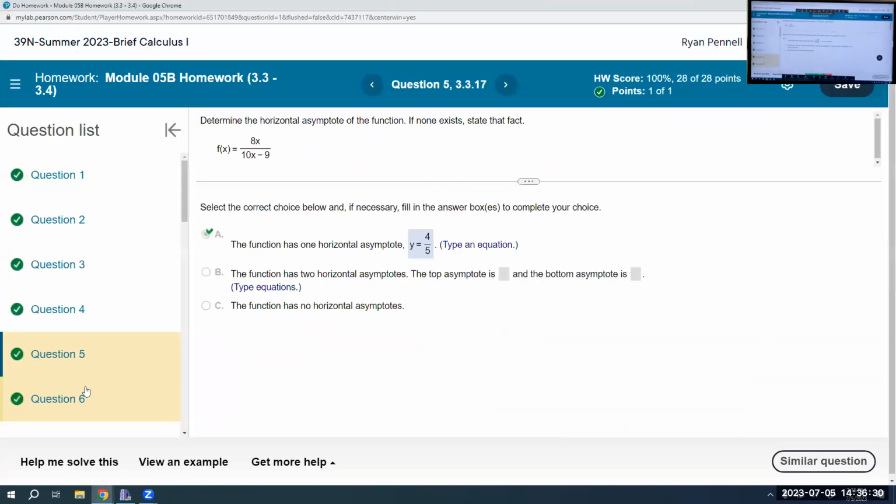Over here, what do we have? F of x equals 8x over 10x minus 9. Those are the same degree. That's a degree 1, that's a degree 1. This is problem 5. They are equal, so we just take the ratio. 8 over 10, 4/5. Y equals 4/5 is the horizontal asymptote.